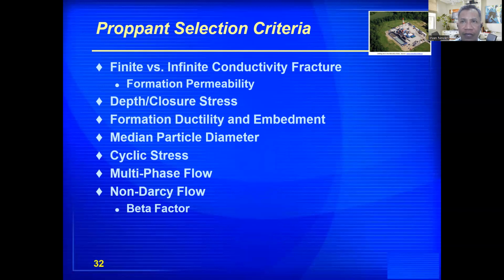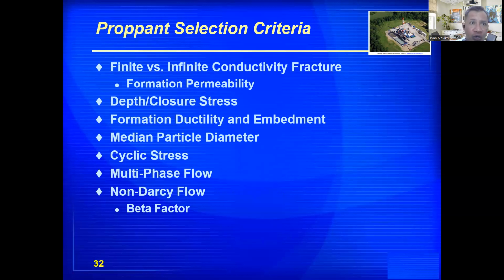You have to consider finite versus infinite conductivity. Formation permeability plays a big role in this section. The reason for that is the more finite conductive the fracture is, the more pressure drop you will have from the tip to the wellbore, and pressure is all you have to move the fluid.